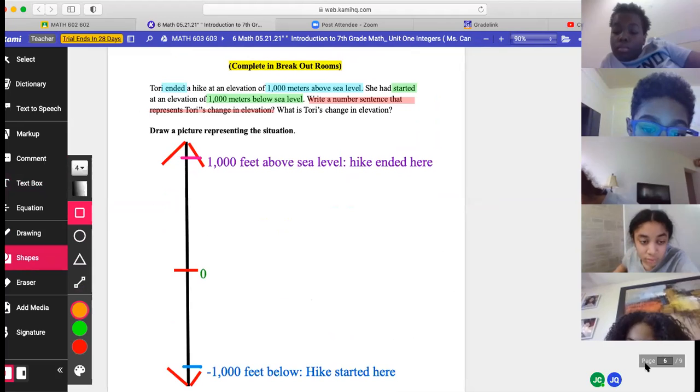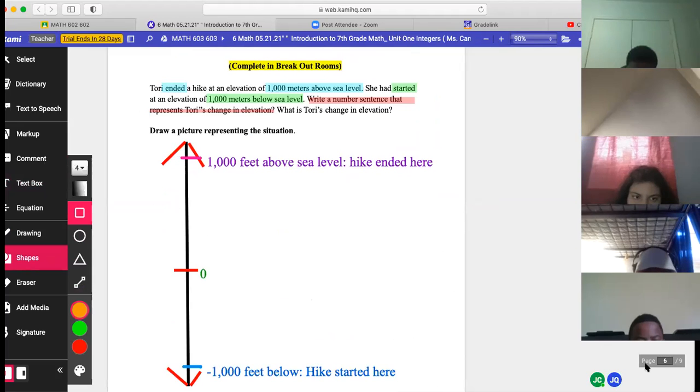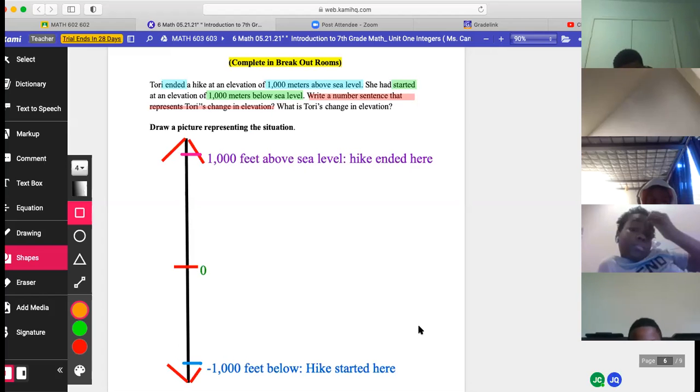Let's hear from Lorena. Can you please read this for me? Tori ended a hike at an elevation of 1,000 meters above sea level.